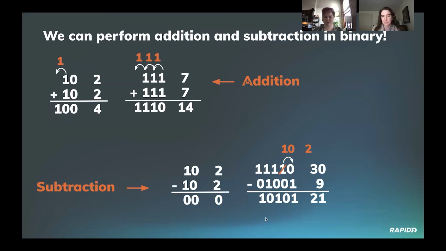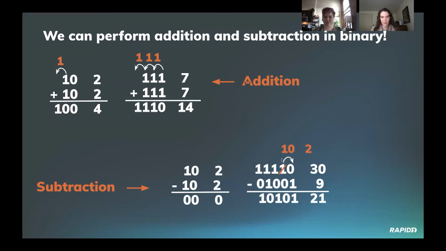Then we go to the next problem, and if we start in that ones column, the 0 minus 1, we realize that we can't take away from nothing, right? So we have to steal a 1 from the next highest place, which in this case is the next column over that has a 1.